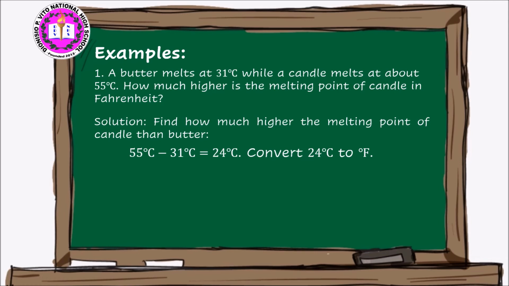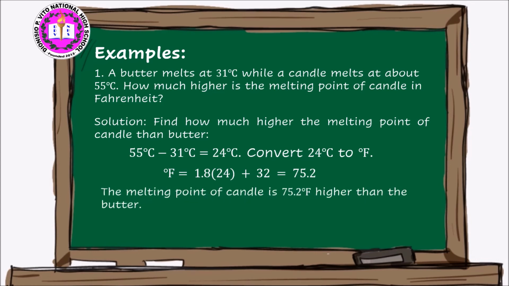So we're going to convert 24 degrees Celsius to Fahrenheit. Degree Fahrenheit is equal to 1.8 times 24 plus 32, which is equal to 75.2. So the melting point of the candle is 75.2 degrees Fahrenheit higher than the butter.